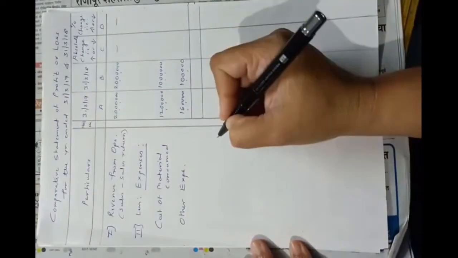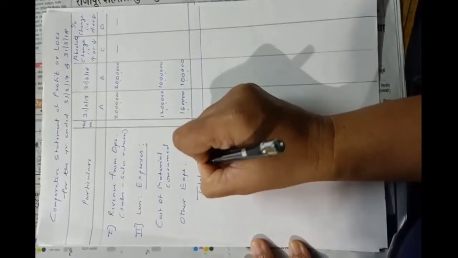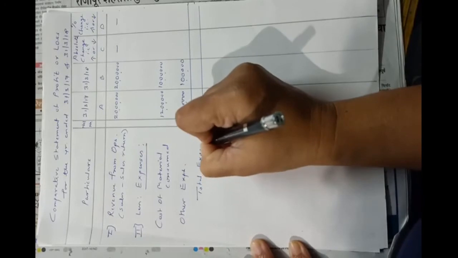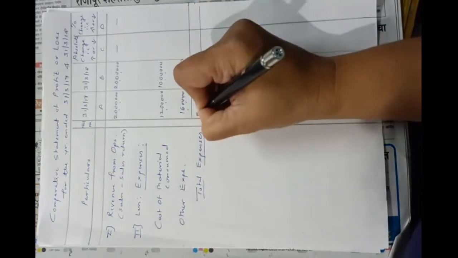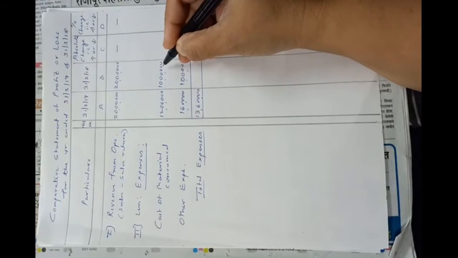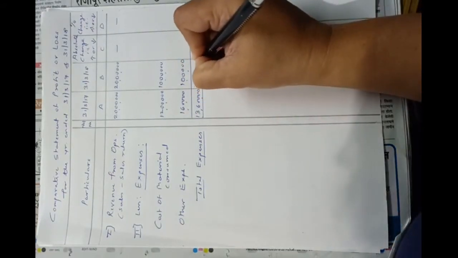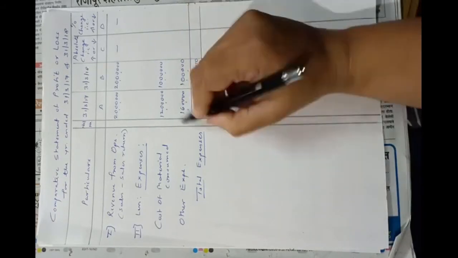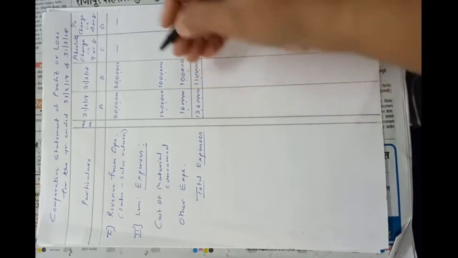Total expenses: 12 lakhs plus 1,60,000, so it is 13,60,000. 10 lakhs plus 1 lakh, so it is 11 lakhs. Okay, here in cost of material consumed there is a decrease of 2 lakhs.